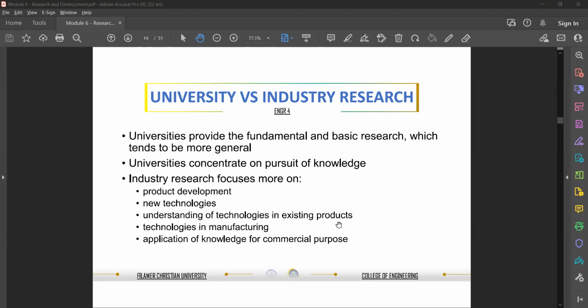That is the difference. Product development means new technologies, understanding of technologies in existing products, and technologies in manufacturing, and of course the application of knowledge for commercial use. That is the difference between university and industry research.